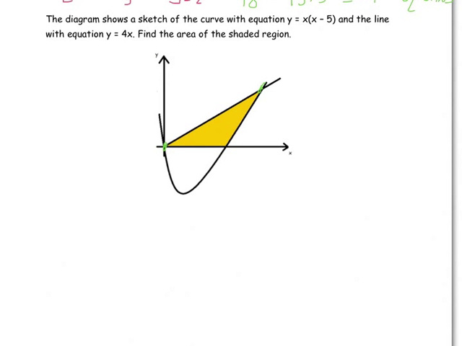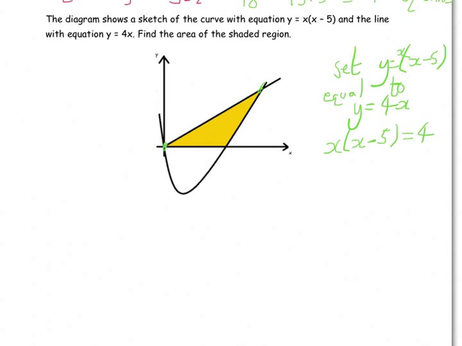So to do that, we need to set y equals x(x minus 5) equal to y equals 4x. So x(x minus 5) is equal to 4x.